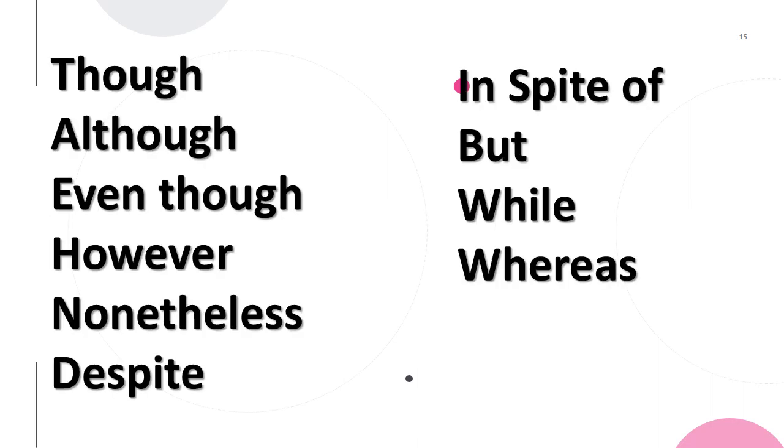We can use the words though, although, even though, however, nonetheless, despite, in spite of, but, whereas, while to connect the two sentences and to show that both the sentences are different.